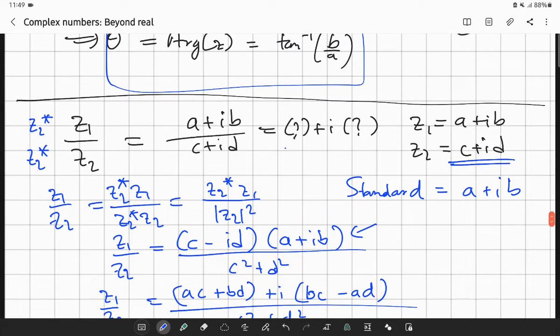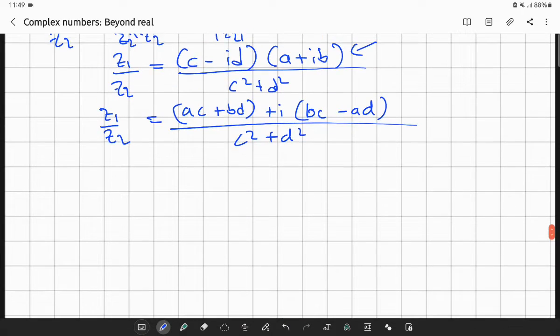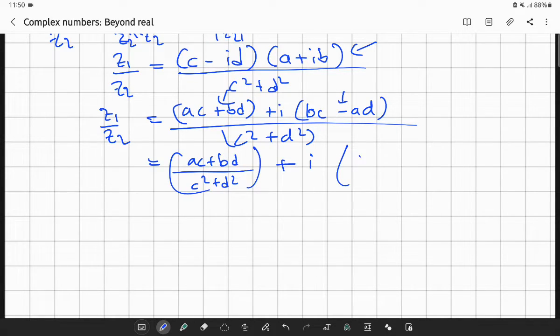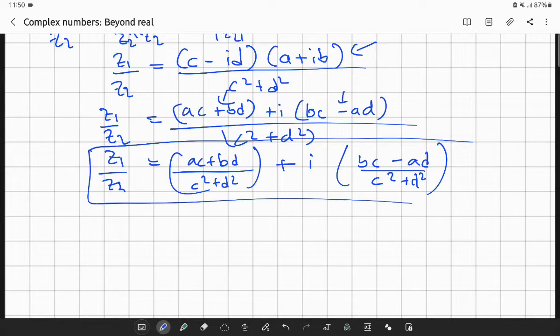So the numbers we wanted to find: you'll have ac plus bd over c squared plus d squared, plus i times bc minus ad over c squared plus d squared. This is z1 over z2. This is how you divide a complex number.